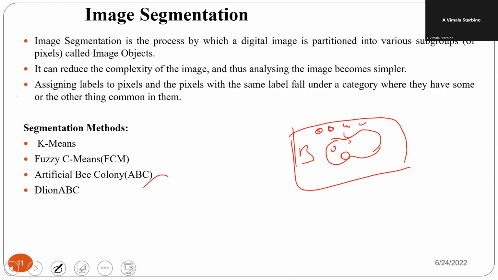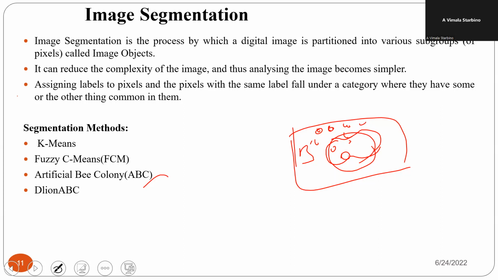Since it is doing only a particular region, suppose a lung nodule is present here instead of there, this information will be missed if it is not properly segmented. That is the drawback that I found in this artificial bee colony.